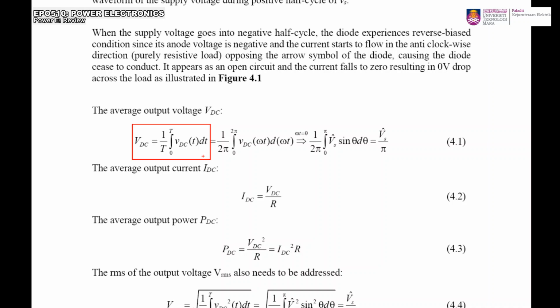To get the average value, you must integrate from 0 to T, the whole cycle, the function of the waveform, and then you have to divide by T, the total period, one cycle. And then it's convenient for you to change to radian, therefore one cycle equals 2 pi, integrating from 0 to 2 pi of VDC theta d theta, and then you get this equation for the output voltage and the rest.